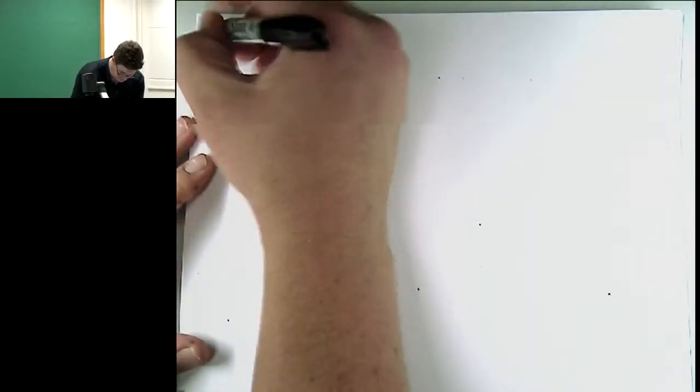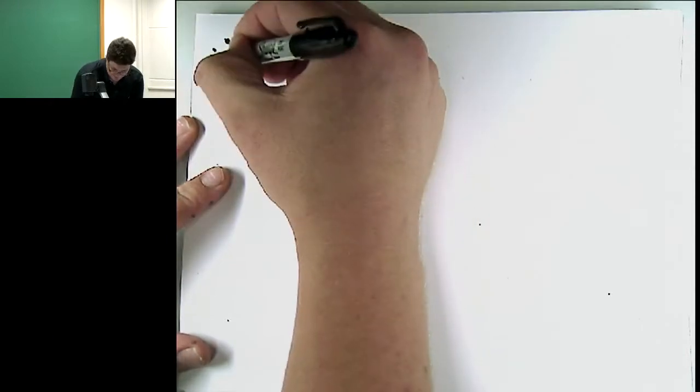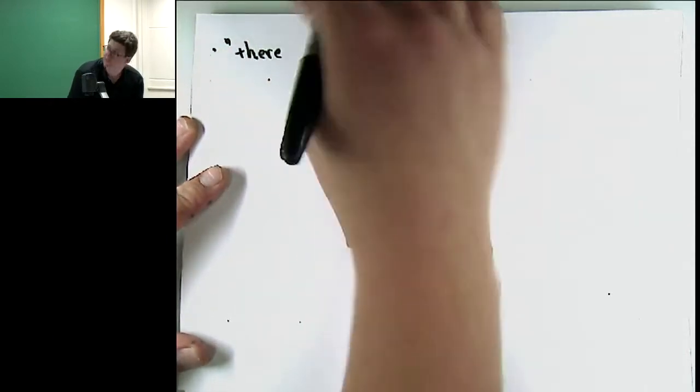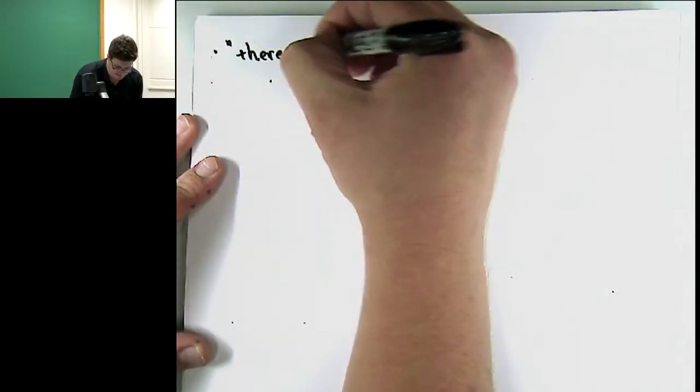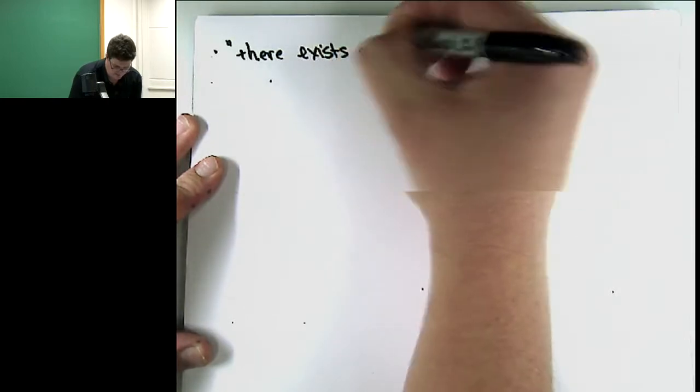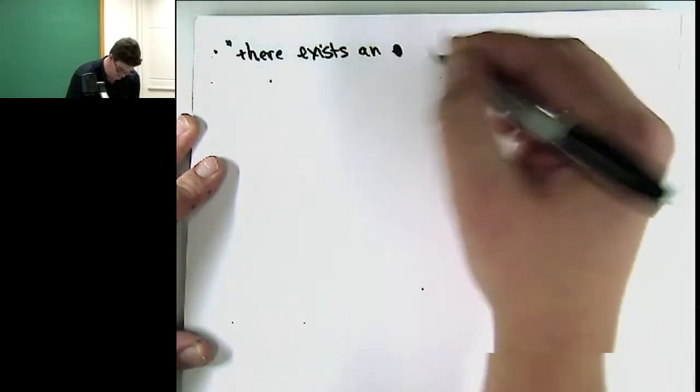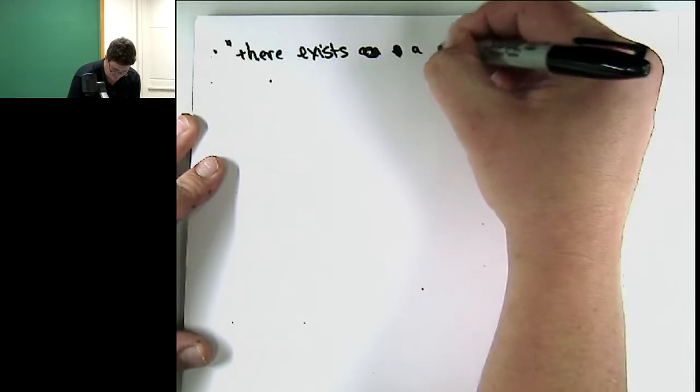Okay, so let's do another proposition here. So here's an easier one. If I ever run off the page, just let me know, and I'll try and bring it back down. There exists a prime number.